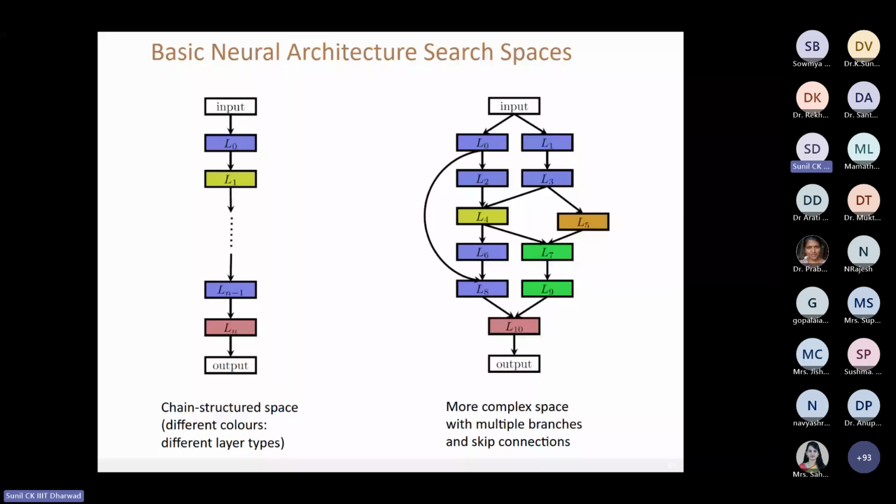Then the search space here is parameterized: the maximum number of layers, possibly unbounded, and the type of operations every layer can execute, such as pooling, convolutions, and more advanced layer types.